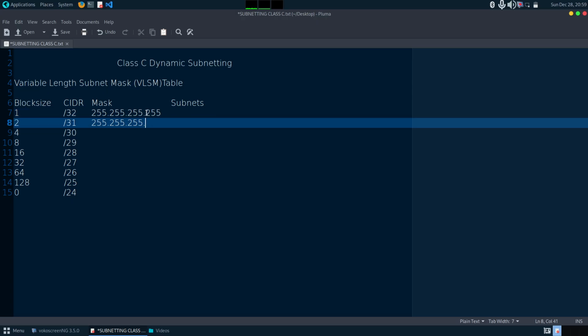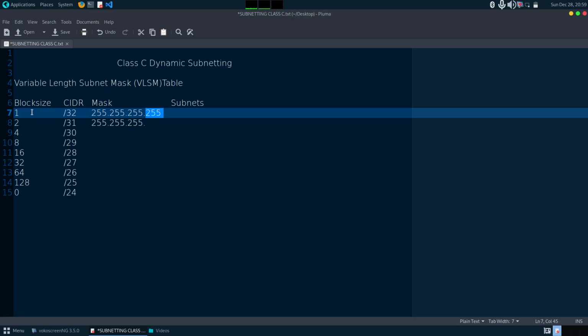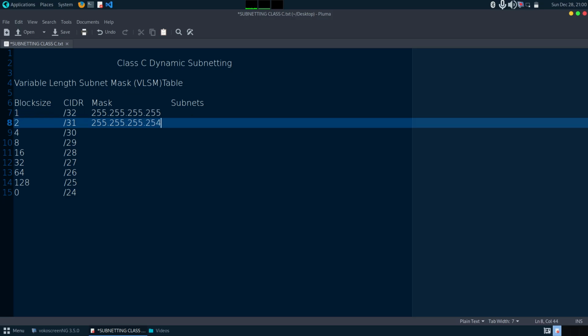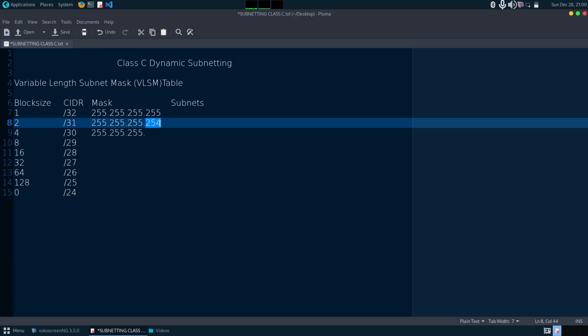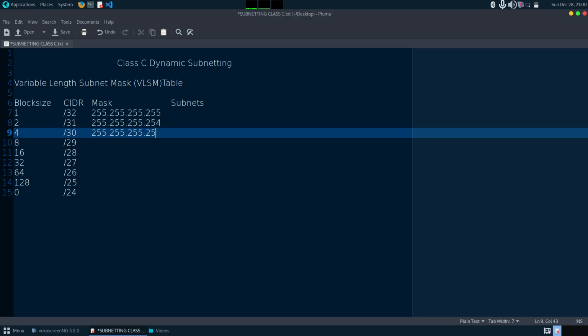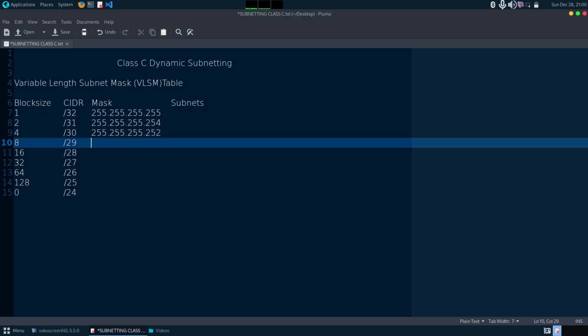So you get the last value and subtract the block size that is in line with it. Here we have 255 minus 1, we have 254. Then 254 minus 2, we have 252.